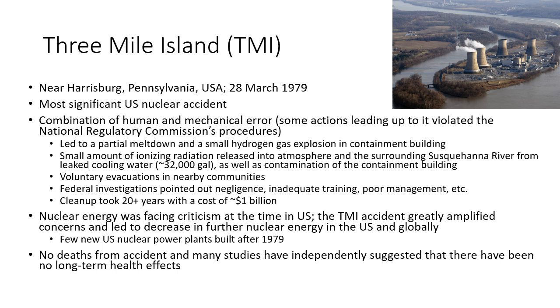Now let me set the stage for you with nuclear power first. Nuclear power came out of nuclear weapons. So in World War II, the US and Nazi Germany were in an arms race trying to develop nuclear weapons, and the Manhattan Project in the United States got there first, originally as a deterrent to the Nazis and Germany.